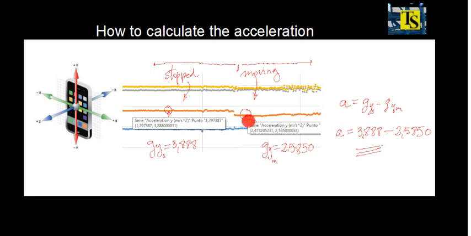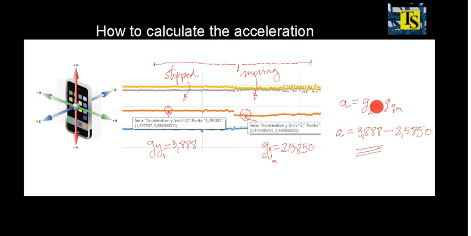But this is not the real acceleration, because the real acceleration is the difference between this and when the mobile is stopped. So to calculate the real acceleration of the movement, you have to do the difference between this gy and this other gy, that is the one when the mobile phone was on the inclined plane without moving, and this is when it starts moving, and then you get a.